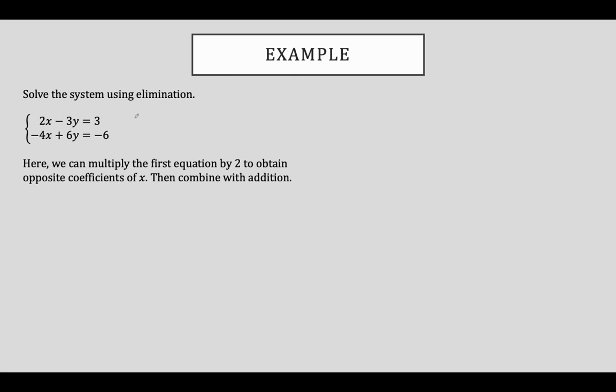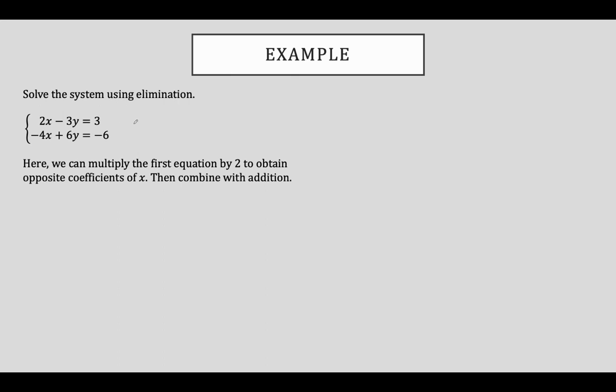Here, we can multiply the first equation by 2 to obtain opposite coefficients of x, and then combine with addition. So right off the bat, none of our terms are going to be eliminated if we add or subtract the equations.